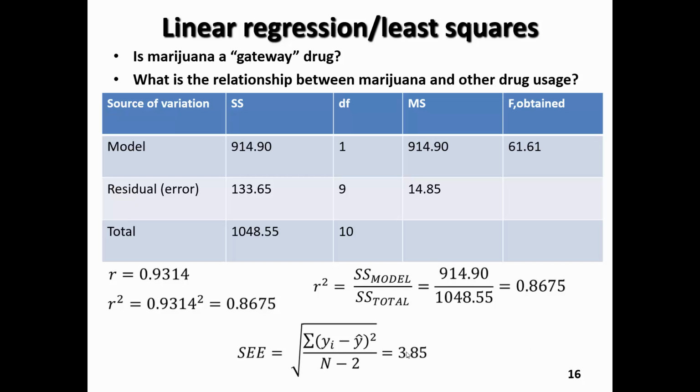So what this tells us is that when we make a prediction using the regression equation with new x values, the number we get is plus or minus 3.85 grams per week of other drugs.